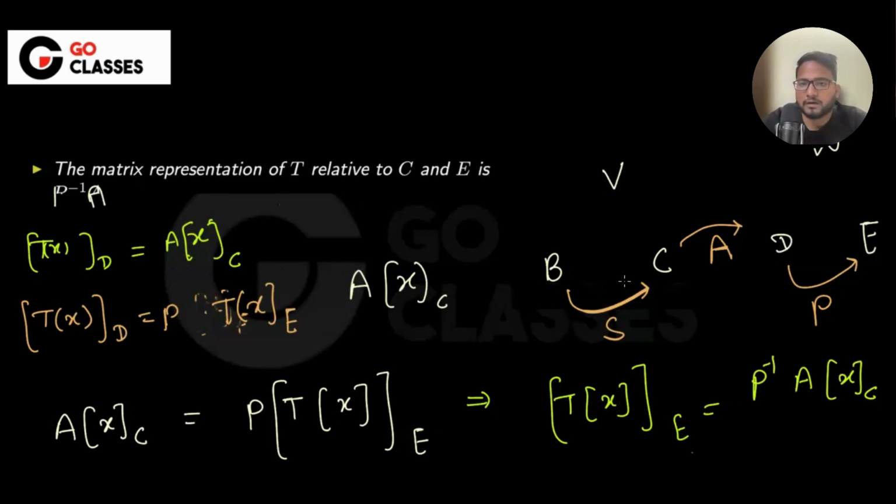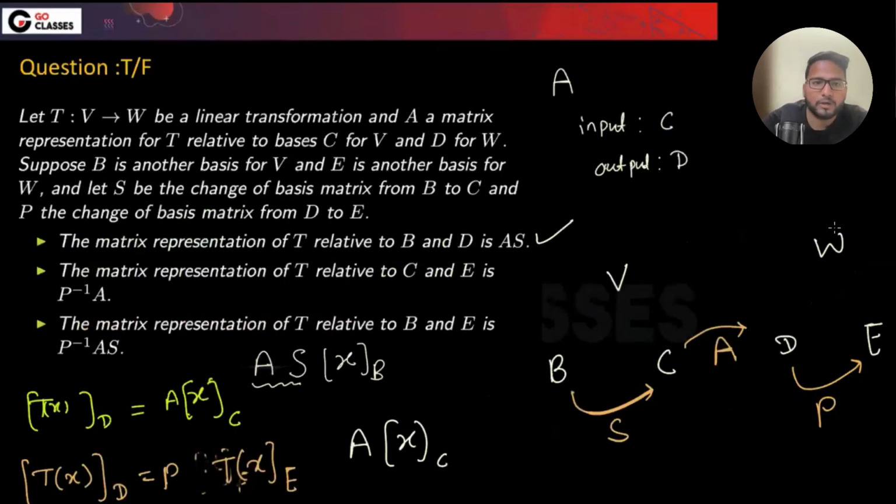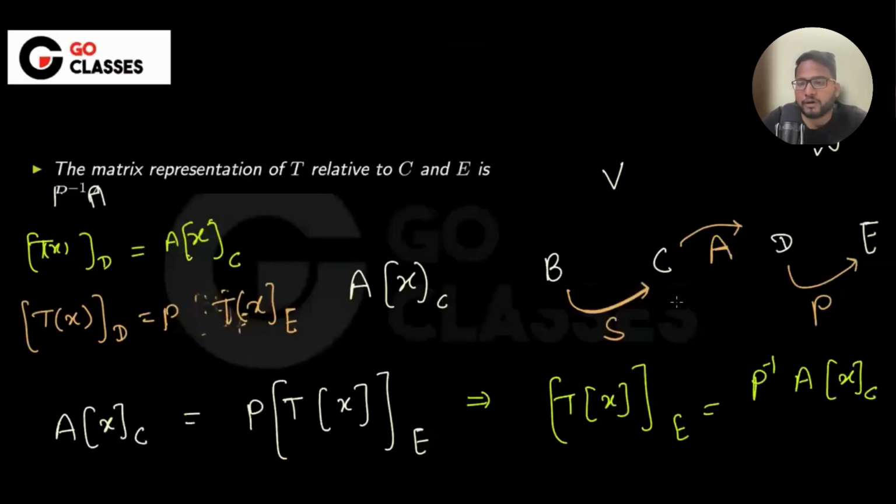Okay, let's try to understand this intuitively also, so why this is making sense. There is some vector you are taking in this particular basis, and whenever you multiply with A, which is a matrix, it gives you the transformed vector.